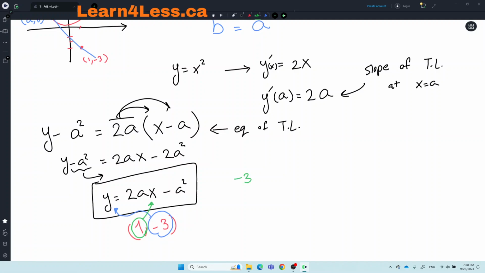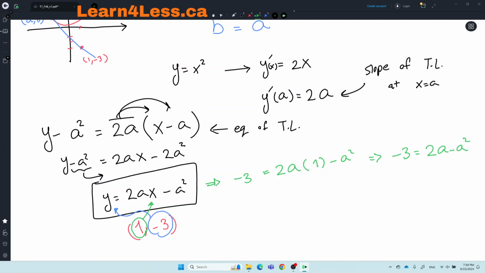So negative 3 is equal to 2a times 1 minus a squared. Overall, we got negative 3 is equal to 2a minus a squared. If we find a, basically we are answering the question. We are saying if you find the equation of the tangent line at that x equal to a, whatever you found, it will pass through this point.